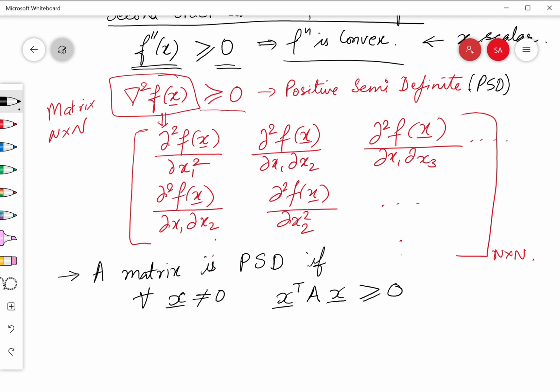What you need to do is take all vectors x which belong to R^n, the n-dimensional real space. If you take all of the vectors x and do this multiplication, x transpose Ax, and it is greater than or equal to 0 for all x, then the matrix is called a positive semi-definite matrix.